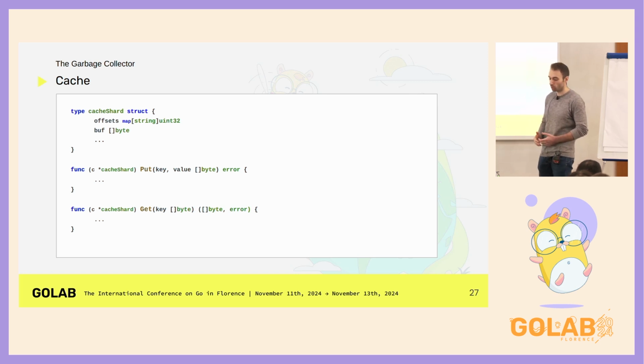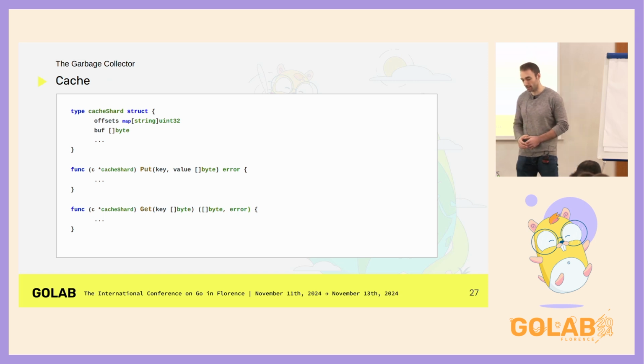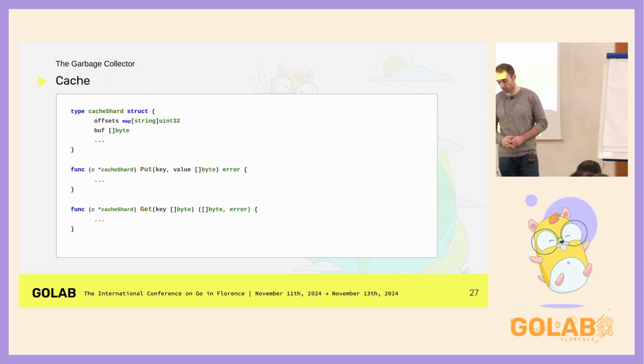So this way we avoid keeping a pointer type in the map, and we definitely write more efficient code, but also more error-prone code, because we need to handle the serialization carefully.